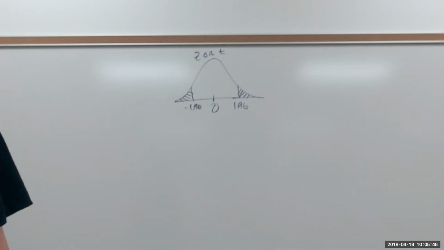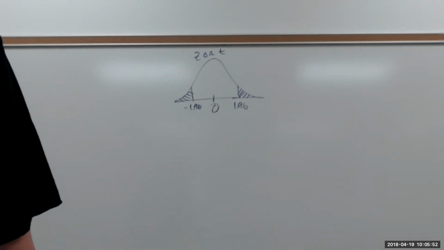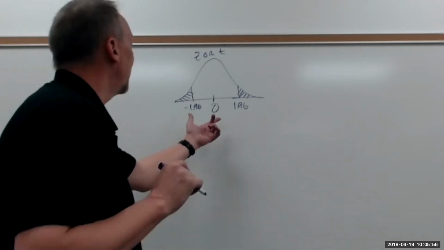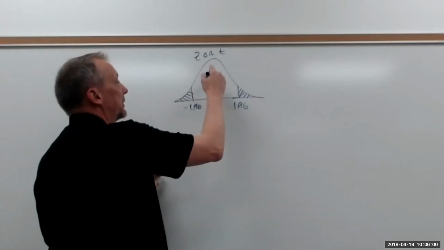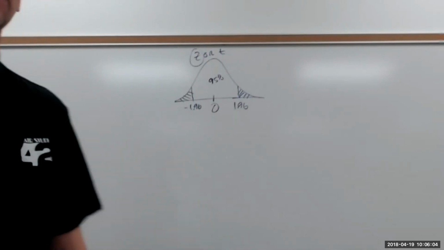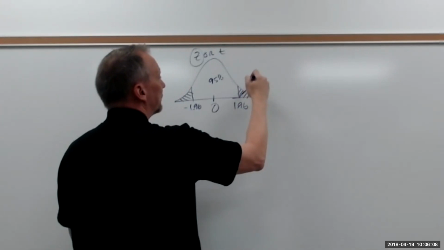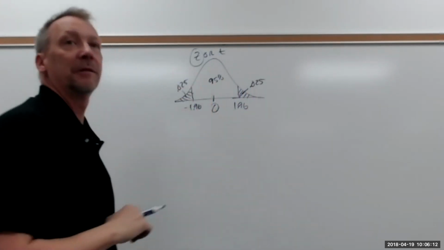Let me ask it this way. Using the 68, 95, 99 rule, there's your big hint. What is the area in between plus or minus 2? You've got 95%, right? Assuming that we're talking about a z only here. So what's in the tails? You've got 0.025 here, and you've got 0.025 here, which is 5%, right?